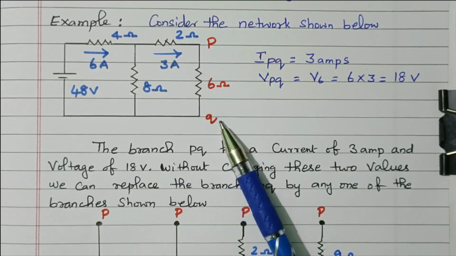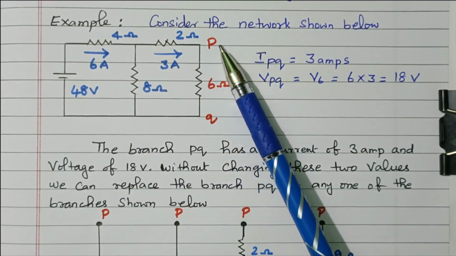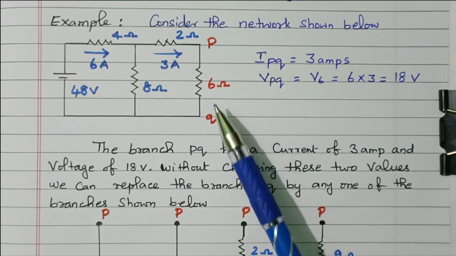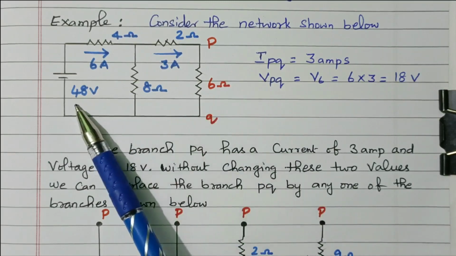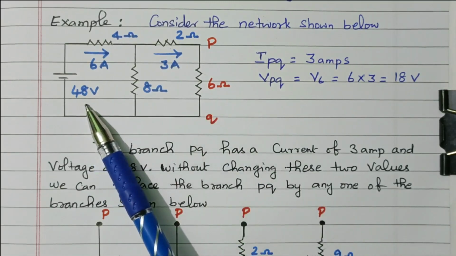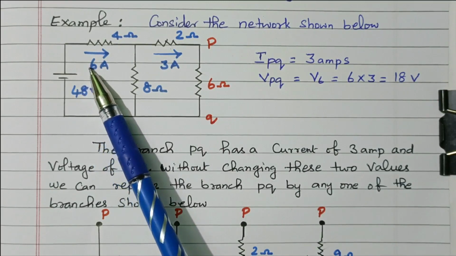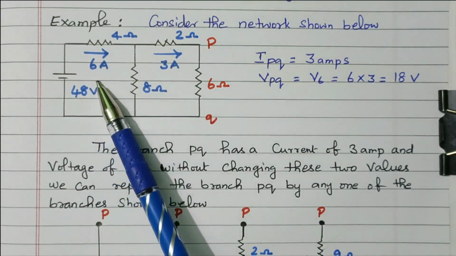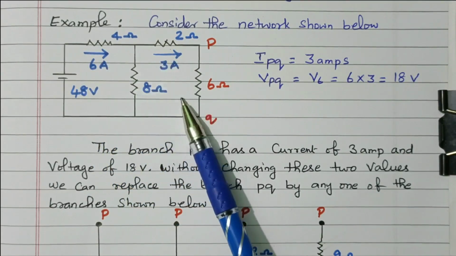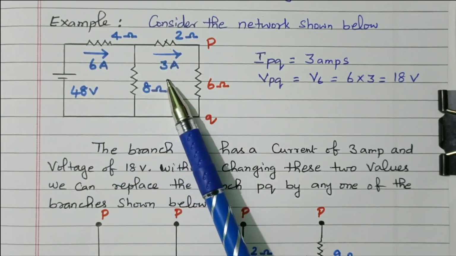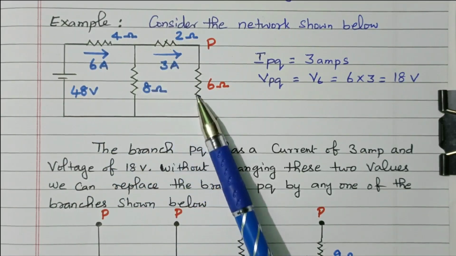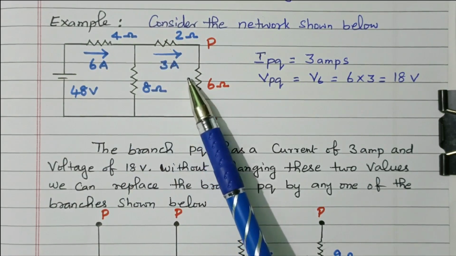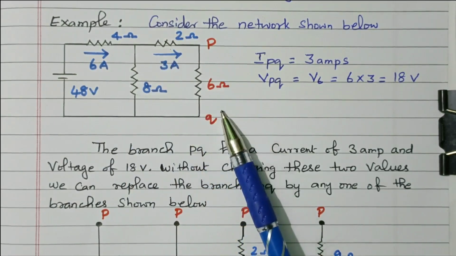The 6 ohm resistor is taken as the load, with the terminals marked P and Q. The 48 volt source is available. A current of 6 ampere flows through the 4 ohm resistor in the first loop, and in the second loop, 3 ampere flows through the 6 ohm resistor.